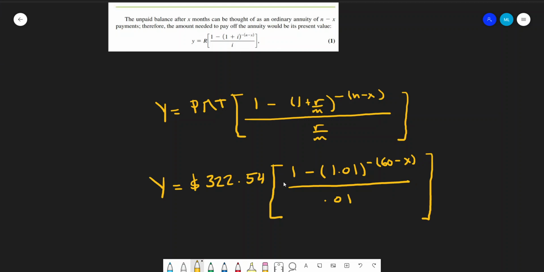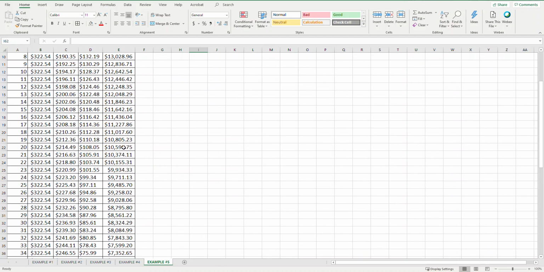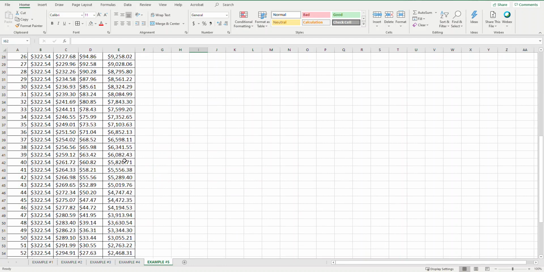Of course, using this amount, that's going to result in an approximation, because when you plug in how many payments were made and go to your table, you're probably going to notice some differences.